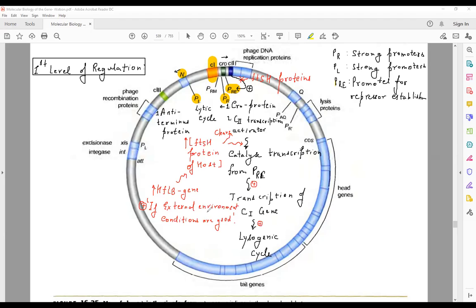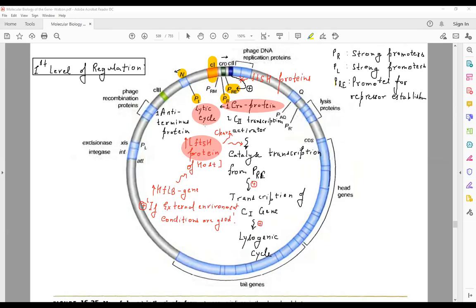So what should the phage do? The phage should perform the lytic cycle. Why lytic cycle? Because external environmental conditions are good. This means that outside there would be more bacterial cells to cleave. So the phage, looking at the FtsH protein of the bacteria, decides that yes, it has to produce the Cro protein necessary for the lytic cycle and inhibit the transcription of the CI gene.